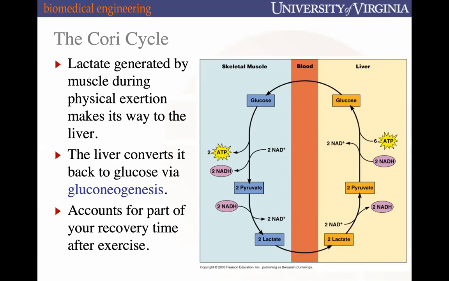And so the main take home here is that whenever we have lactate fermentation, lactate is used by the Cori Cycle via gluconeogenesis to produce more glucose that will then, via glycolysis, provide more ATP for energy.